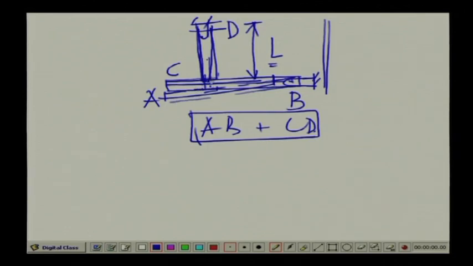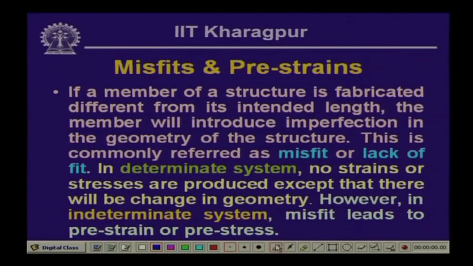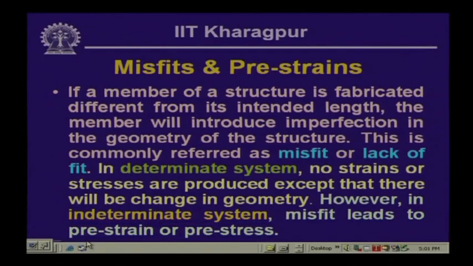But in the process, no strains or stresses will be introduced in this particular member. But if we have a system which is indeterminate, then this particular misfit will lead to pre-strain or the pre-stress, which we have discussed in the previous lesson.